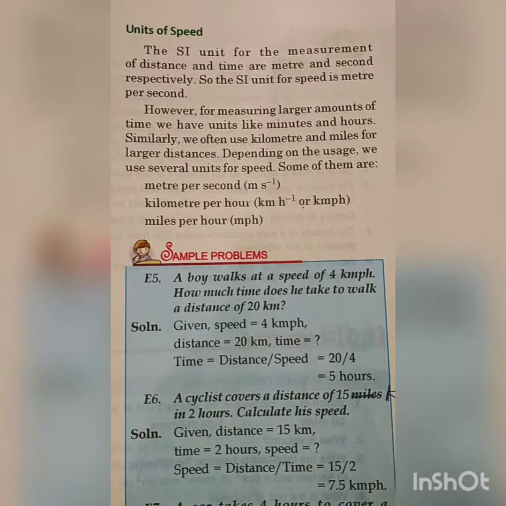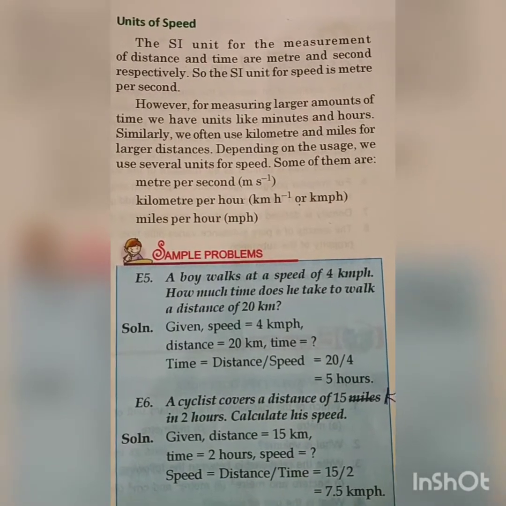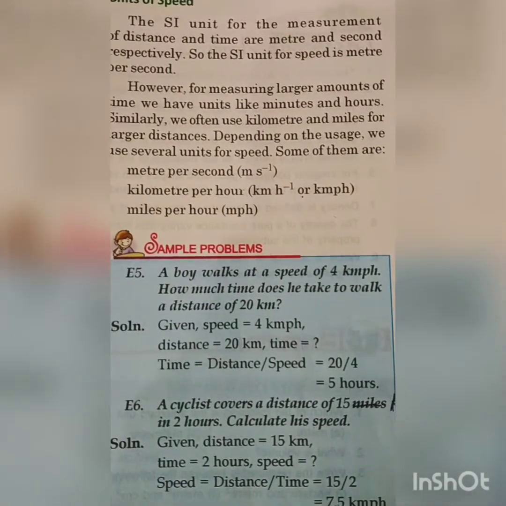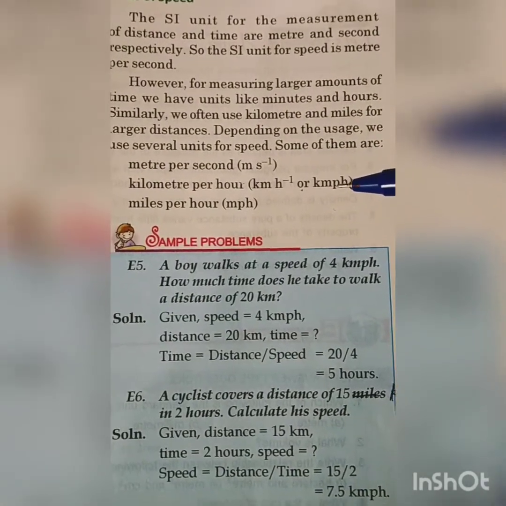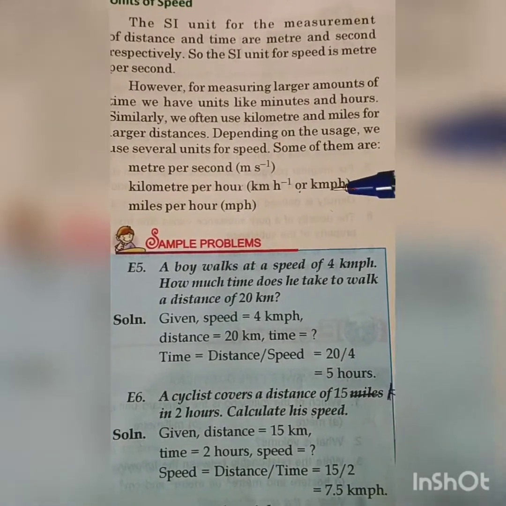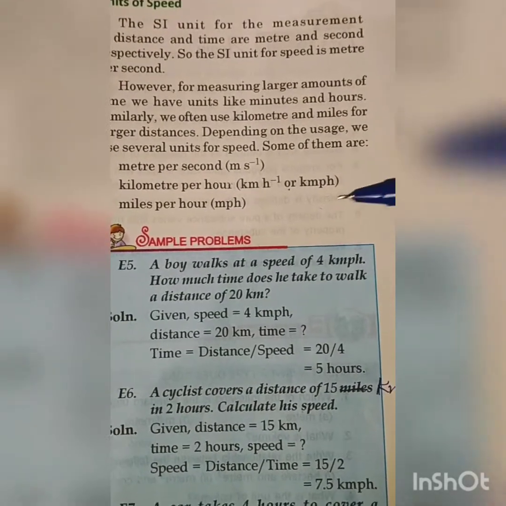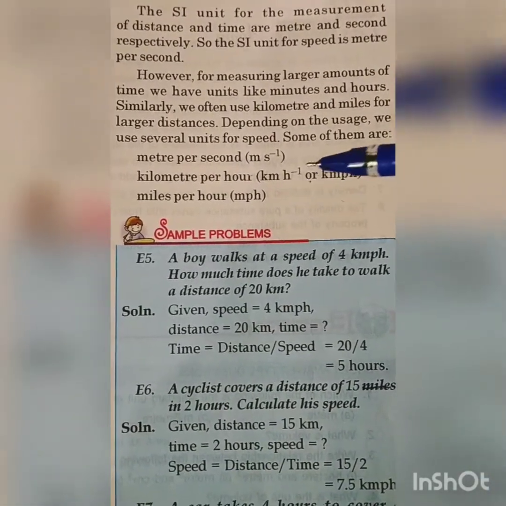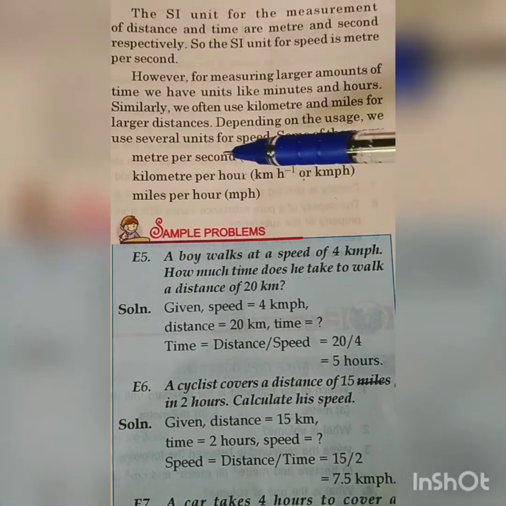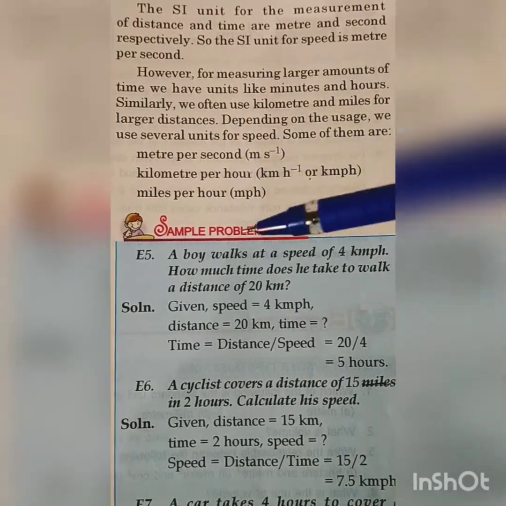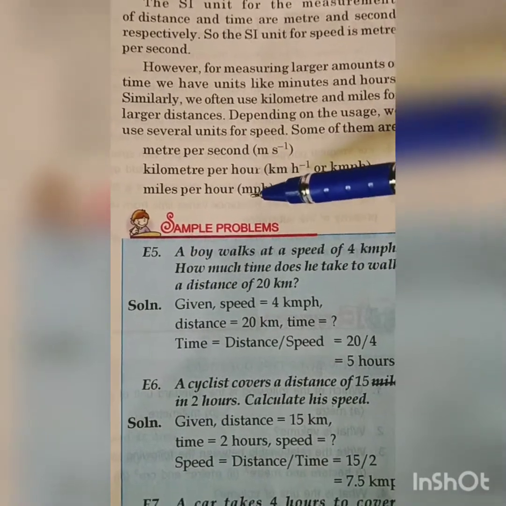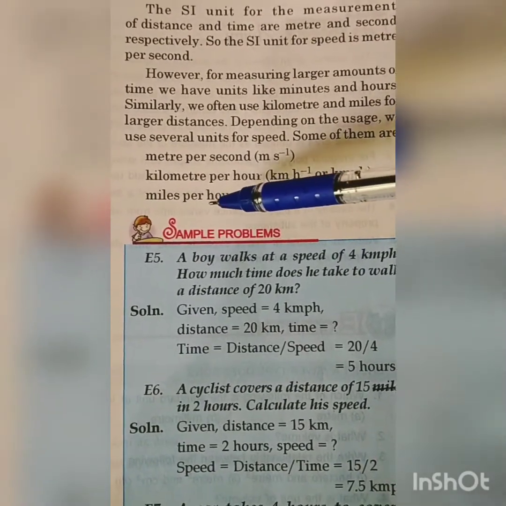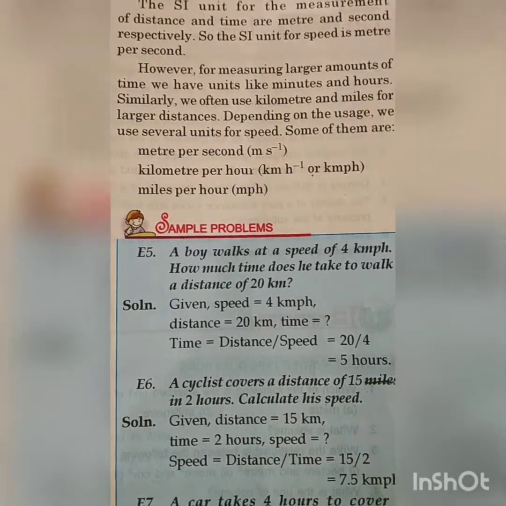But in general, we use kilometer per hour for speed. Generally for vehicles and all, we use kilometer per hour. But in physics, we use meter per second. And miles per hour also was used, but it is not in much use now.